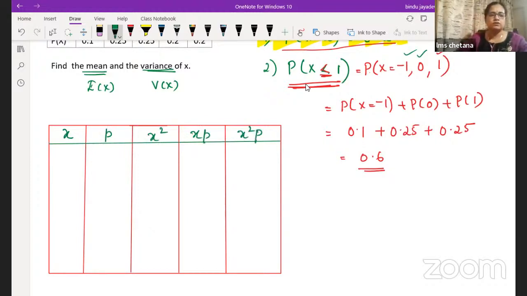Now write the values here: -1, 0, 1, 2, 3. Yes.